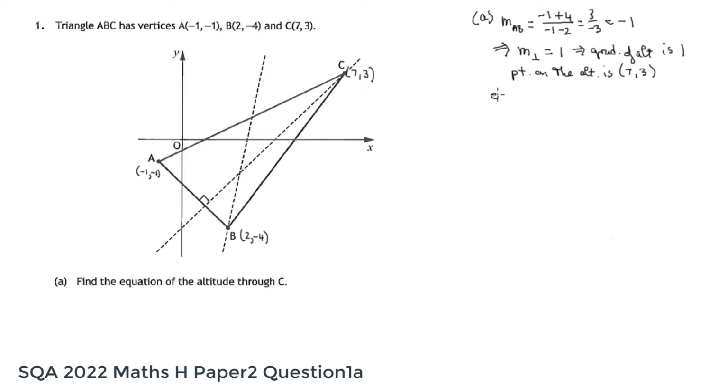So the equation of the altitude is, and we use our y minus b equals m times x minus a, where (a, b) is a point on the line and m is the gradient. So it's y minus the y coordinate, 3, equals the gradient, it's 1, times x minus the x coordinate. So let's tidy this up.